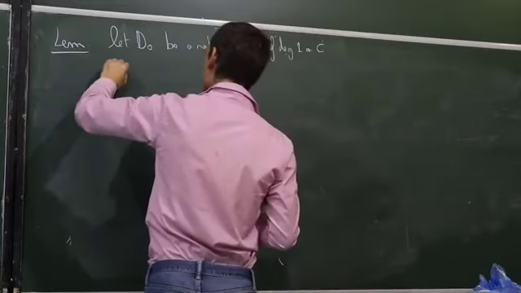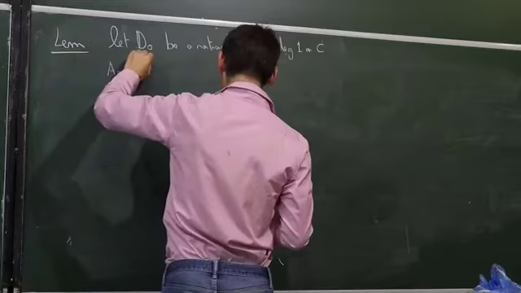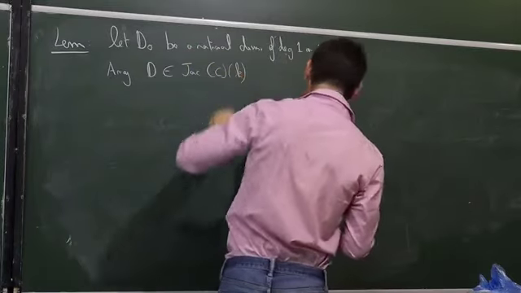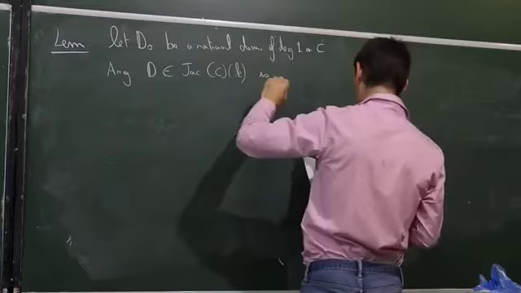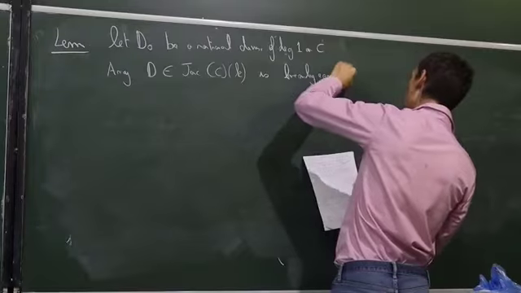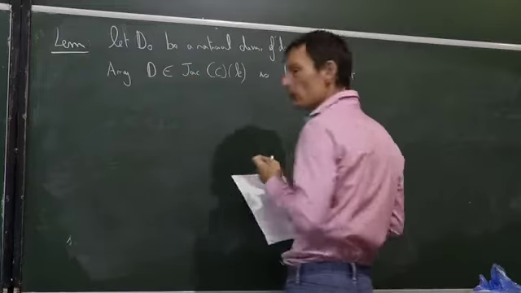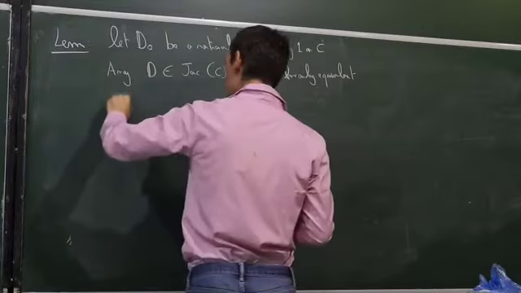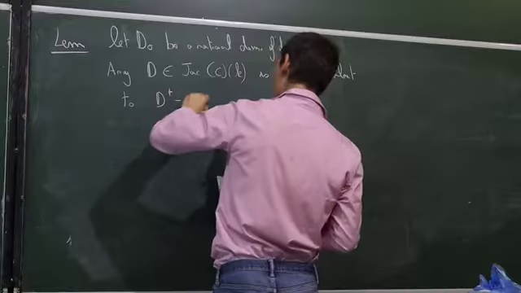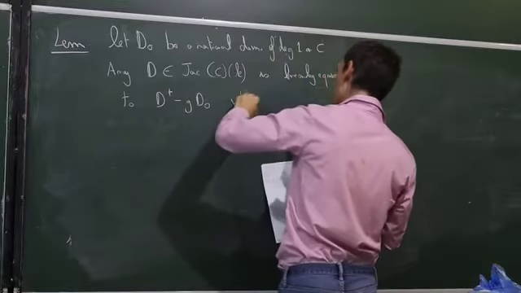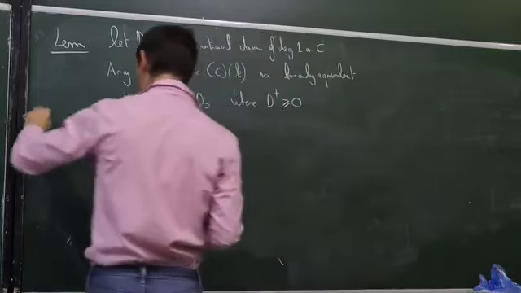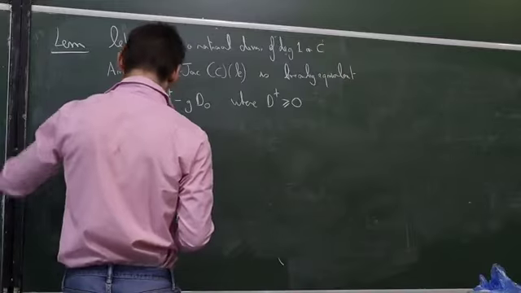Then any point that I'm going to denote D on the Jacobian over K is linearly equivalent, and here you see that what I'm using is already the identification between the Jacobian and the Pic zero, to something that I'm going to denote D plus minus G times D0, where D plus is effective. And the proof is super short.